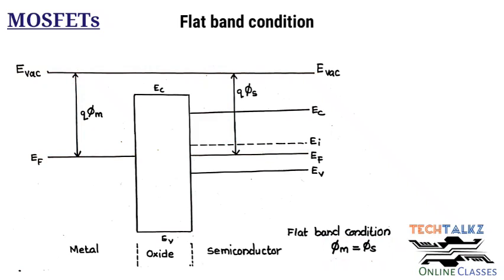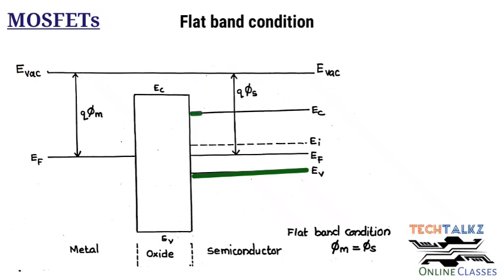Then oxide, it is a wide band gap material, an insulator. So this is the conduction band and this is the energy of valence band. Then in the semiconductor region, since we have taken P-type substrate, the valence band energy level, that is EV, will be very close to the Fermi level.